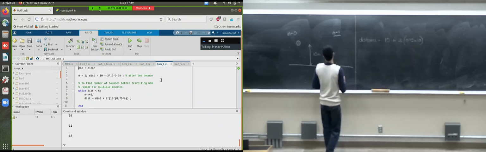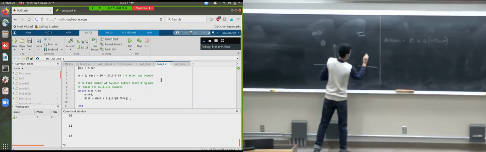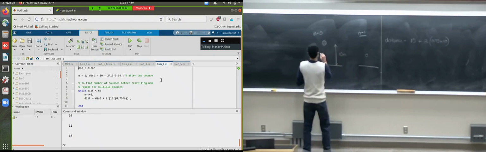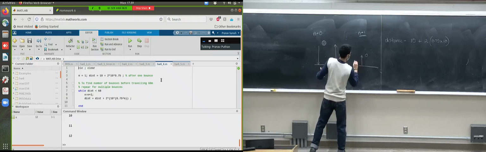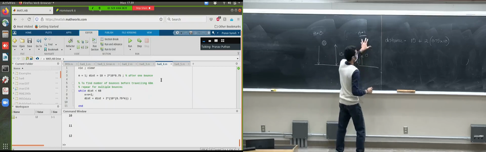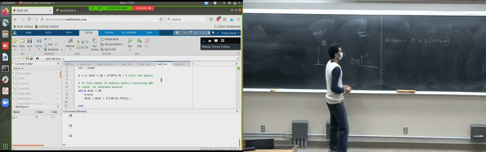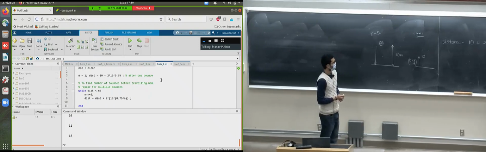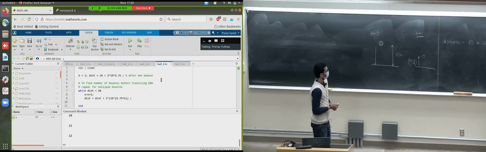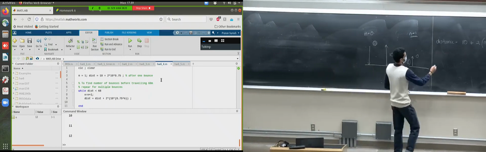So that's when n equals 1. The ball would remain somewhere here. It performs this operation and then comes back to this height, which is 10 times 3/4. 3/4 is 0.75, so the total distance traveled at n equals 1 is 10 plus 2 times 0.75 times 10. That is 1.5 times 10, so that's 25.